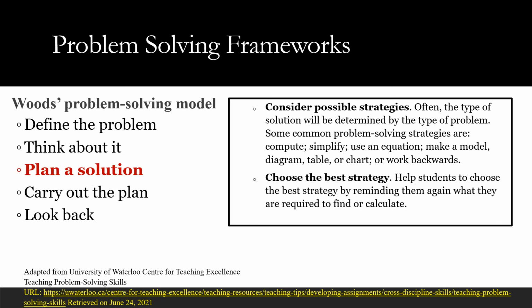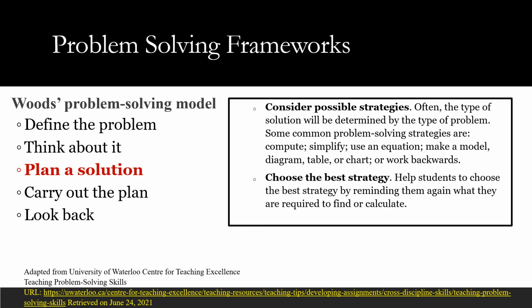The next level is plan a solution. To plan a solution, you should consider possible strategies. Often, the type of solution will be determined by the type of problem. Some common problem-solving strategies are compute, simplify, use an equation, make a model, diagram, table, or chart, or work backwards.